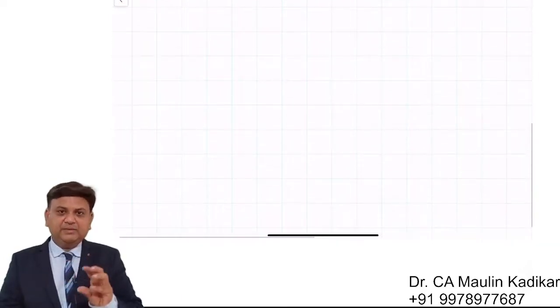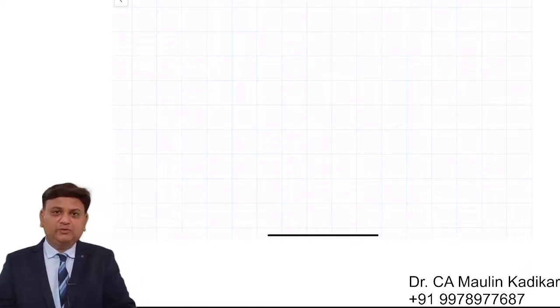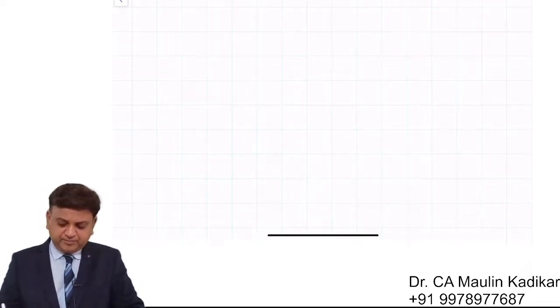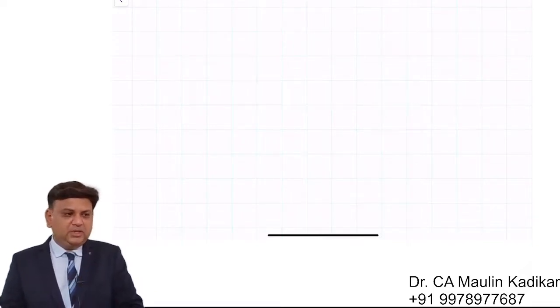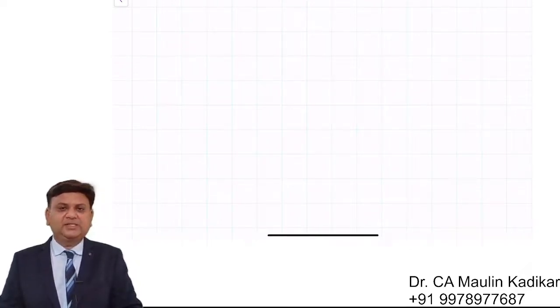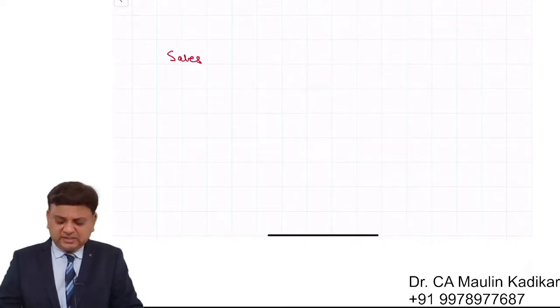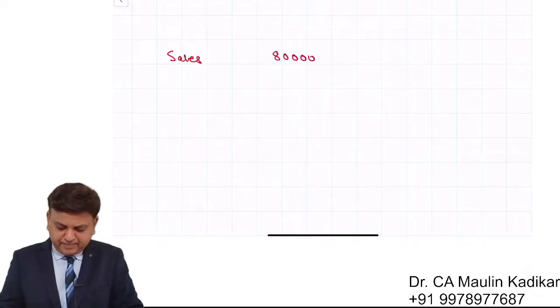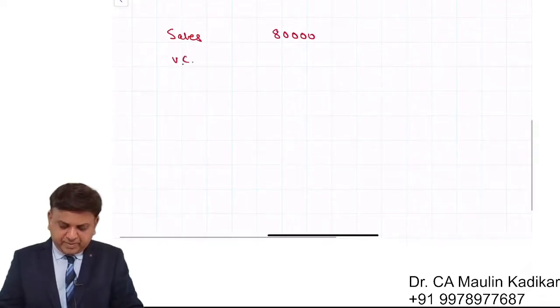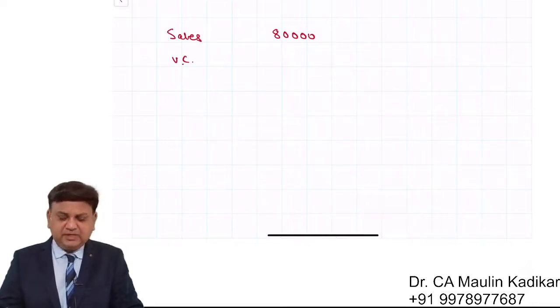I am giving some numerical values to give you explanation. Suppose the financial year of a company has recently ended and sales of the company in the last year was, let us say, 80,000. Variable cost was 30,000.